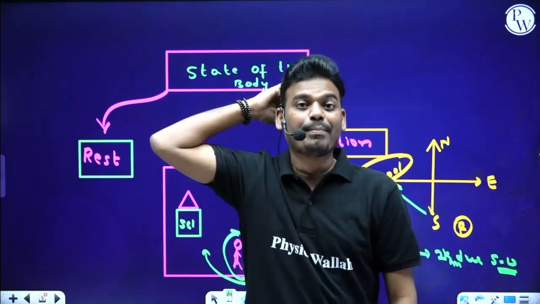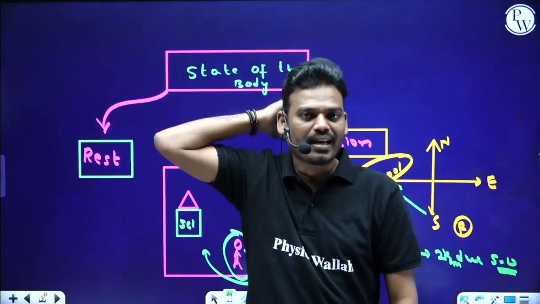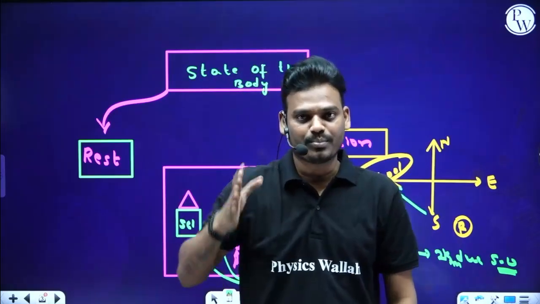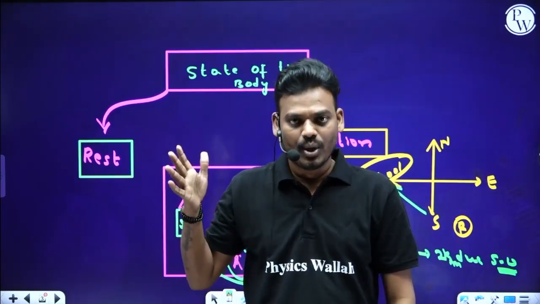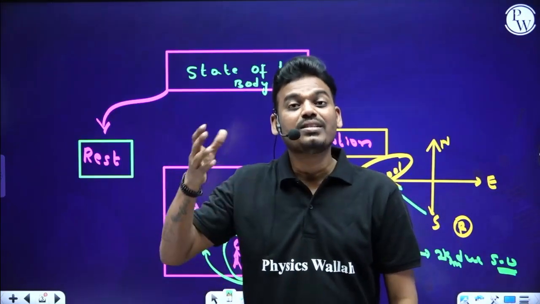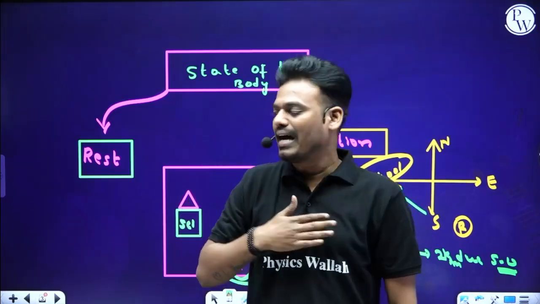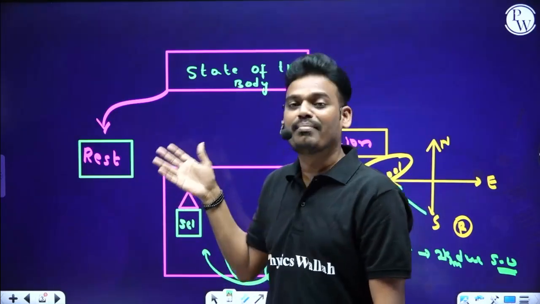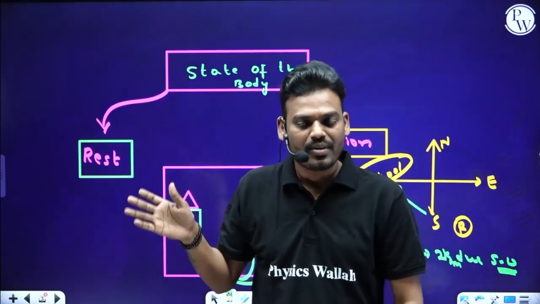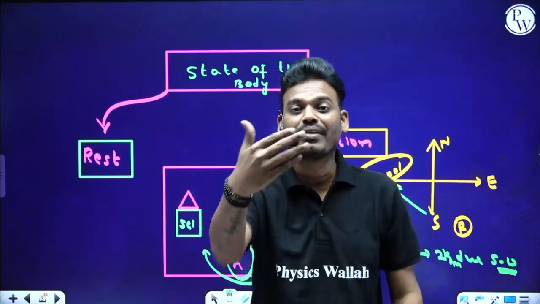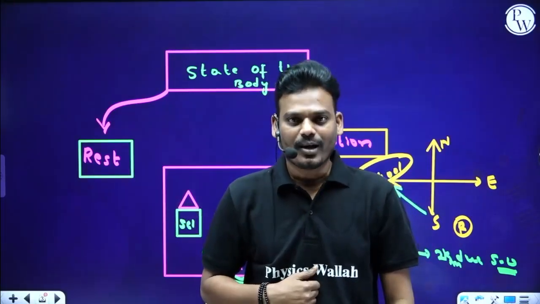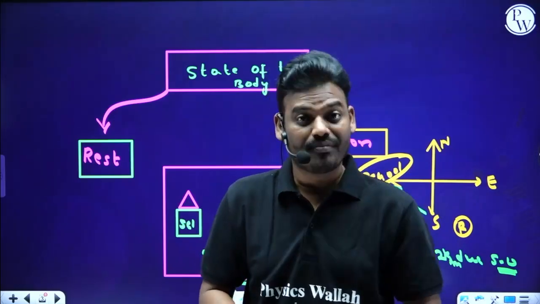Behind me is the background, and I am saying this background is my reference point. So the reference point can be changed. For me, I have considered this background as my reference point. With respect to this, what is your location? That is nothing but in front of me. So this is how you can decide a reference point.